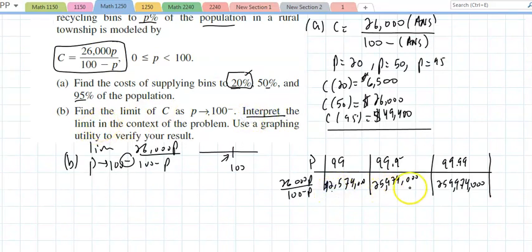Look at that: 2 million, 25 million, 259 million. It seems there's no limit to this thing. Get it? No limit. That's what they mean by interpret the limit in the context of the problem. We're not going to use a graphing device.